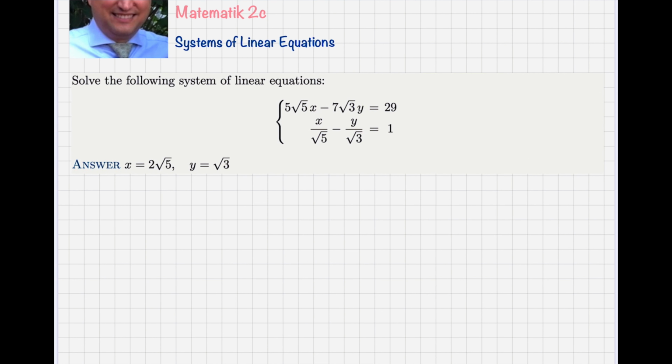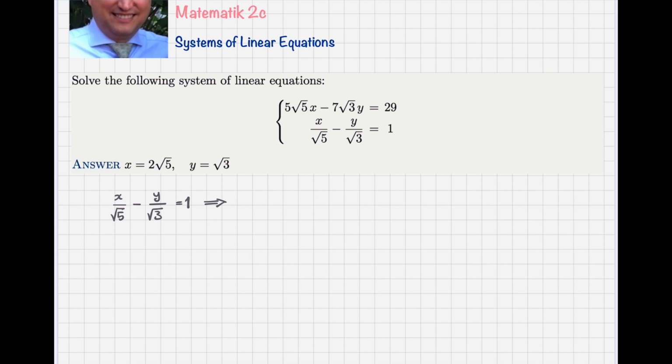In principle, I am multiplying both sides of this equation by this number. I think it would be better to write it here first. So I have my equation x over square root of 5 minus y over square root of 3 equals 1.